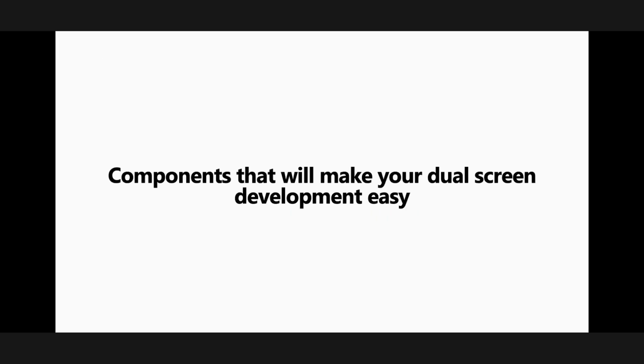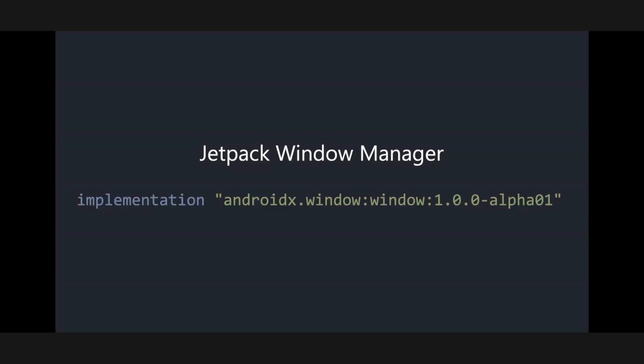So now I'm going to show you some components that will make your dual screen development easy, which is also our job. The first one I'm going to show you is Jetpack Window Manager. It's built by Google.